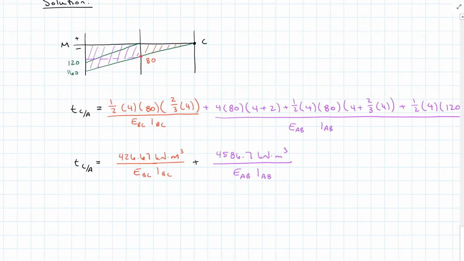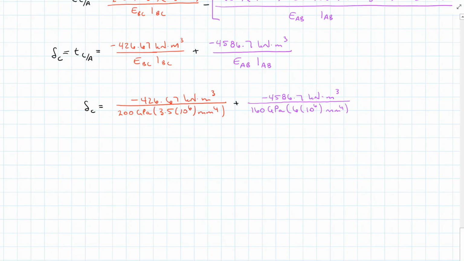Combining all of our constants over our changing material and cross section, I get 426 2/3 for area BC, and then for area AB, I get 4,586 2/3 kilonewton meters cubed.